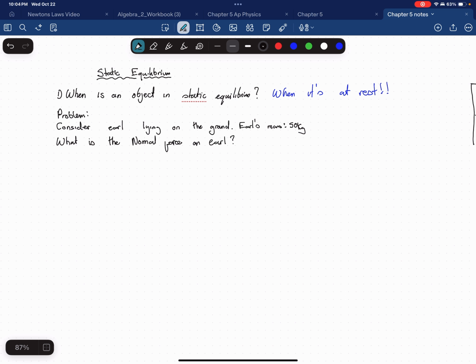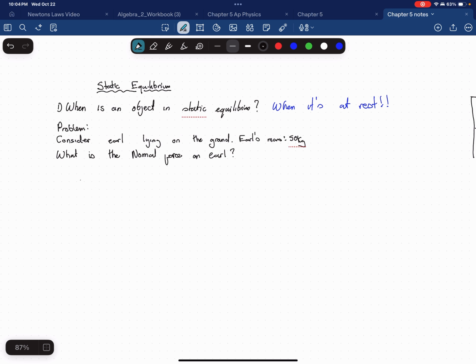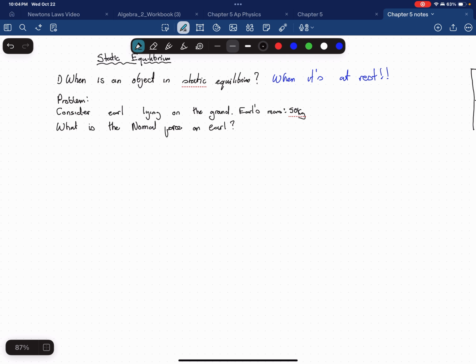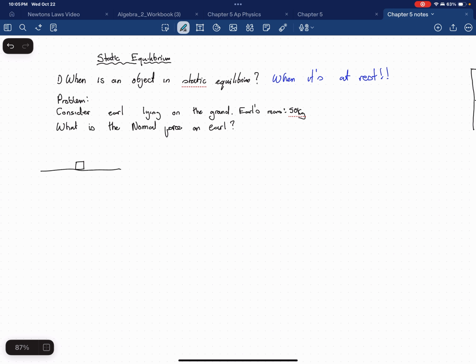Consider arrow lying on the ground. Arrow's mass is 50 kg. What is the normal force on arrow? Interesting problem. So this is my scenario. Arrow is on a surface.